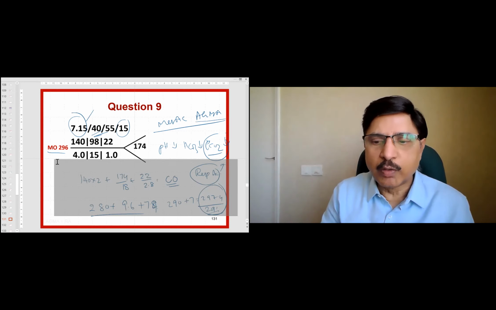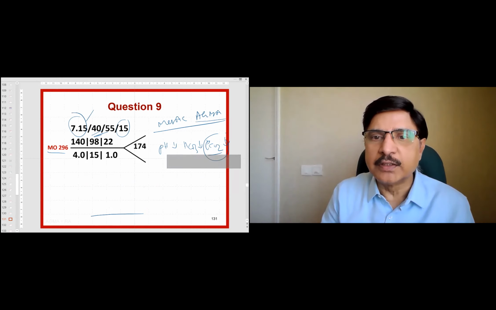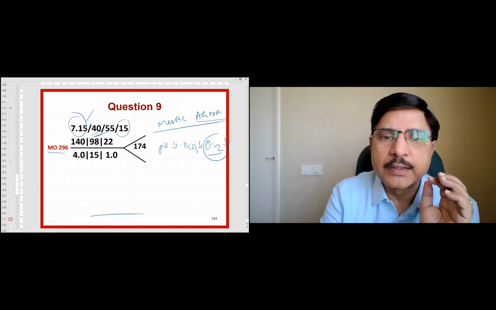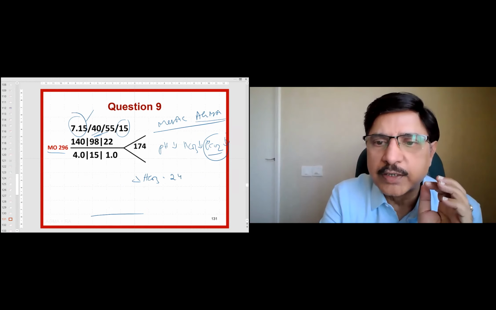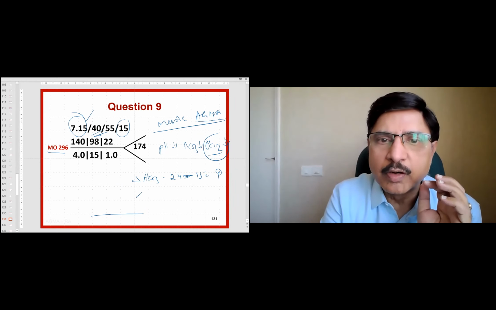Now let us see the compensation. Delta compensation should be in line with the main disorder, that we have to see. So what is my delta bicarbonate? 24 minus 15 is equal to 9. What is my delta carbon dioxide? 40 minus 40 is equal to 0.